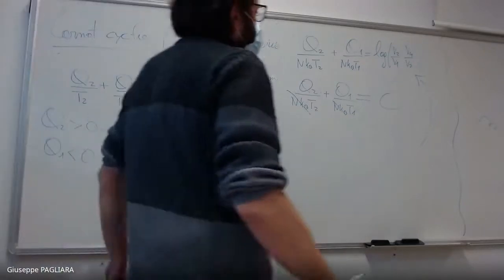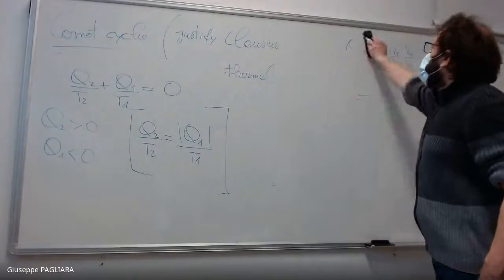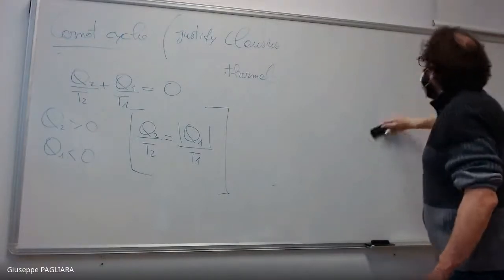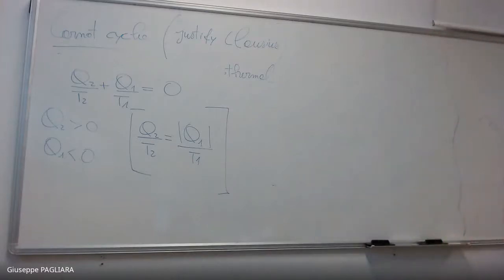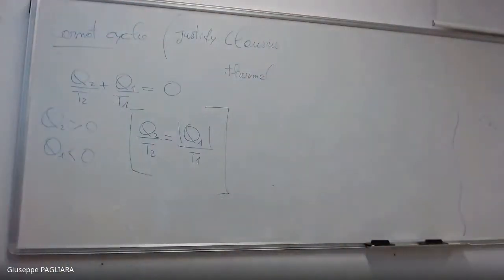Now let us define the efficiency of a cycle, and we will arrive at the results that we were talking about before, namely the Clausius theorem, but justified by using the Carnot cycle and the fact that we know that the efficiency of a real machine must be smaller than the efficiency of the Carnot cycle. Okay?